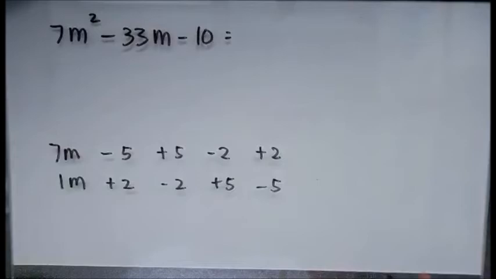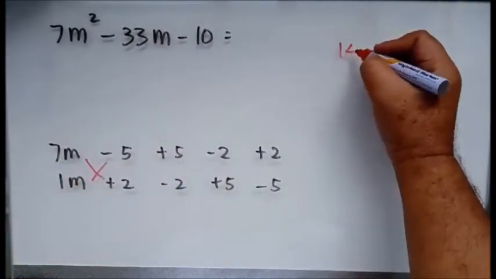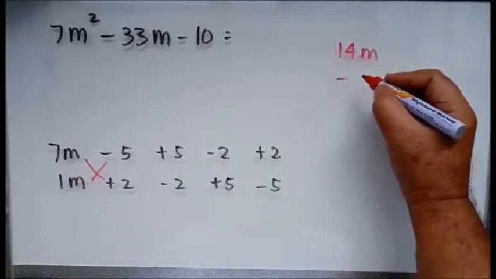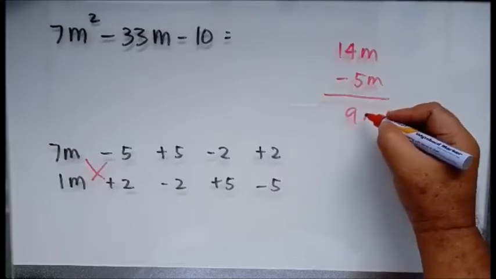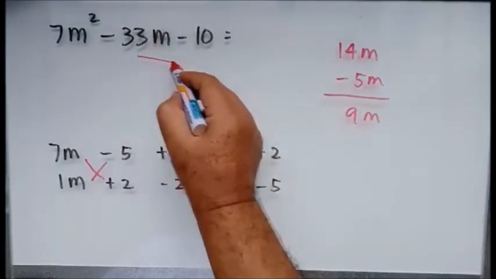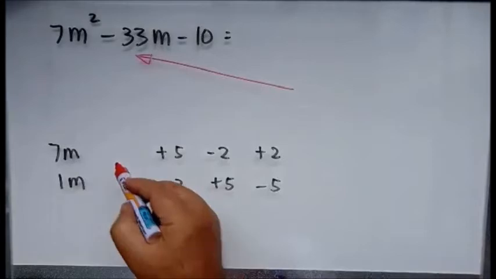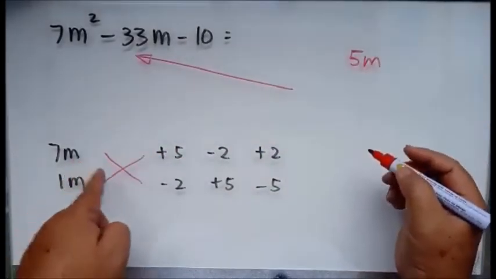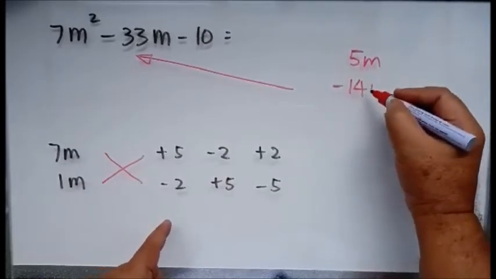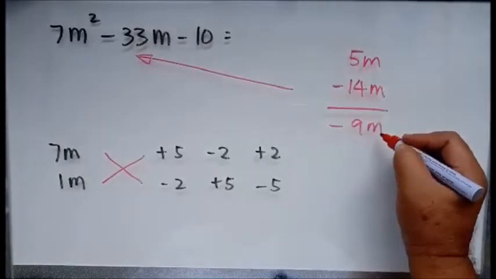Next, cross multiply again. 7 times 2 is 14m, negative 5m will become 9m. So, again, not the same. Eliminate. Cross multiply. 5m, negative 14m will become negative 9m.